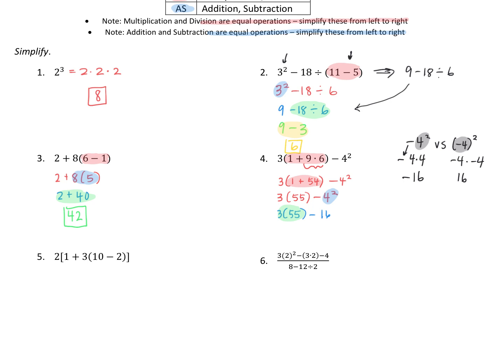So 3 times 55, we get 165 minus 16. And then the last part of order of operations is addition and subtraction. And we have subtraction. So 165 minus 16 gives us 149. So that would be the answer to that one.